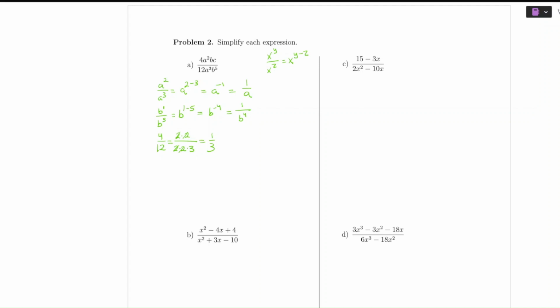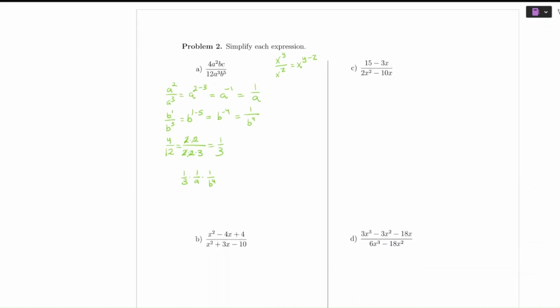So I have my 4 over 12 became 1/3. Okay. My a squared over a to the third became 1 over a. My b over b to the 5th became 1 over b to the 4th. And then my c term just stayed as c, right?